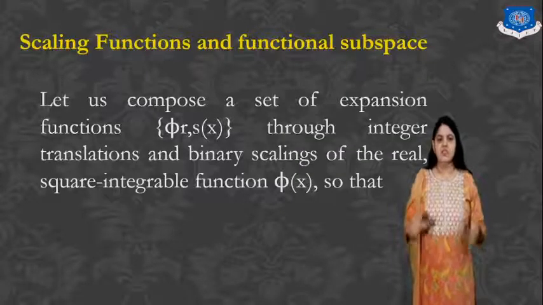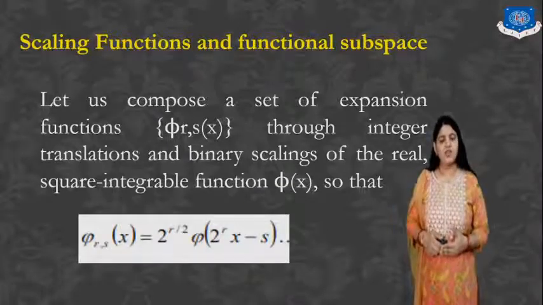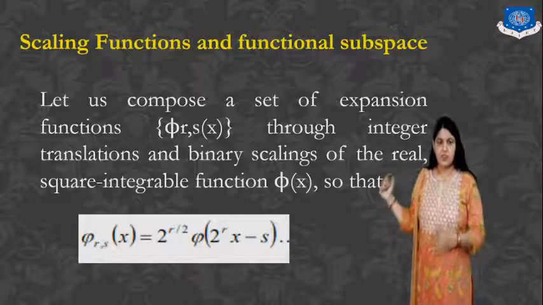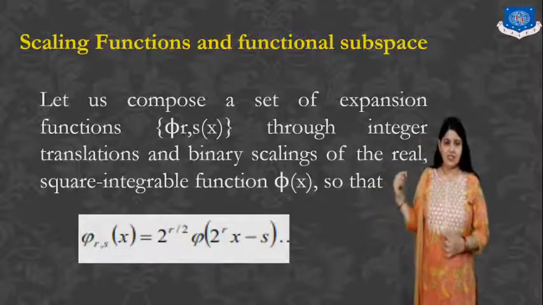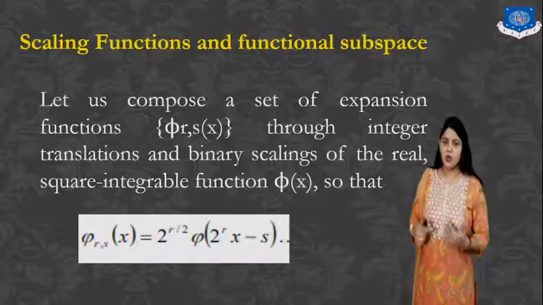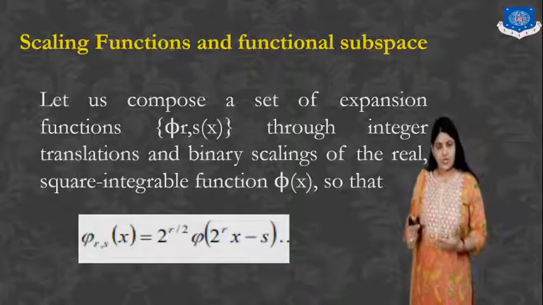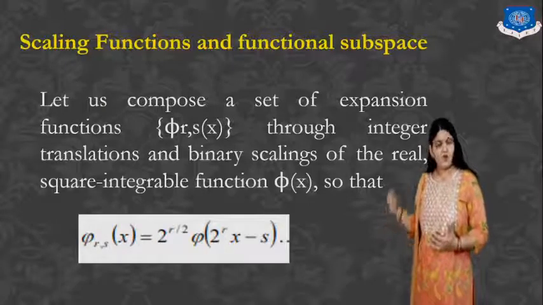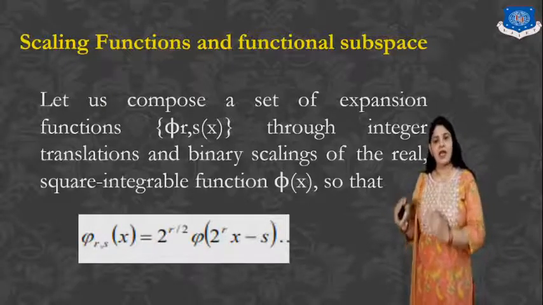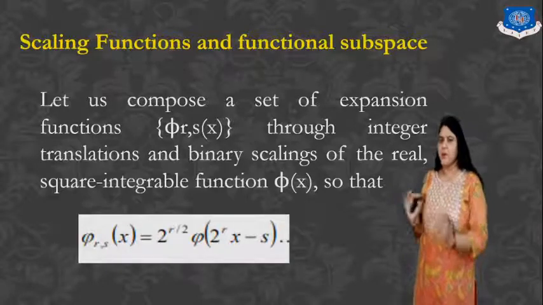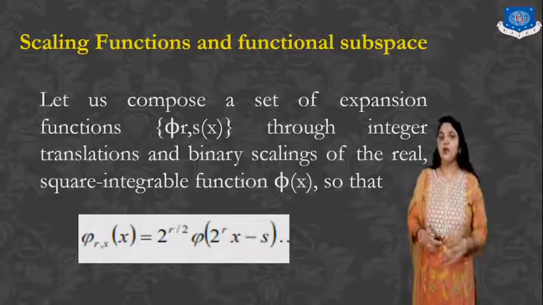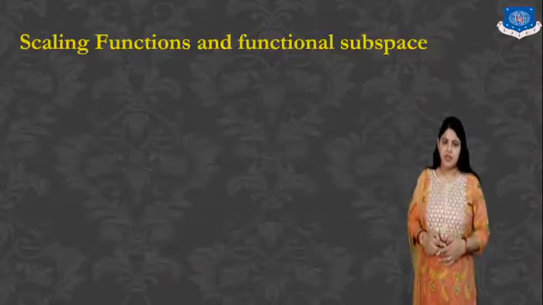Now this expansion function we can write as phi r s(x). Here r is the expansion factor, and s is for the image space. So it is 2 raised to r by 2, that is my expansion factor, and phi of 2 raised to r x minus s. It will provide some decay while the expansion is done.